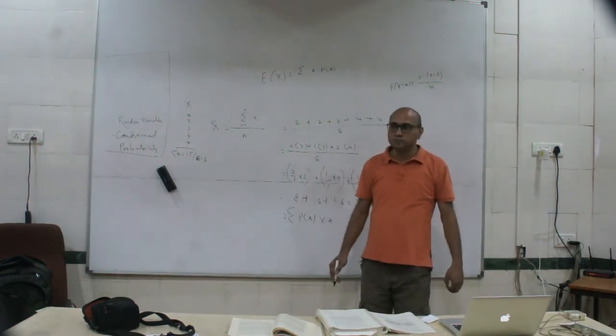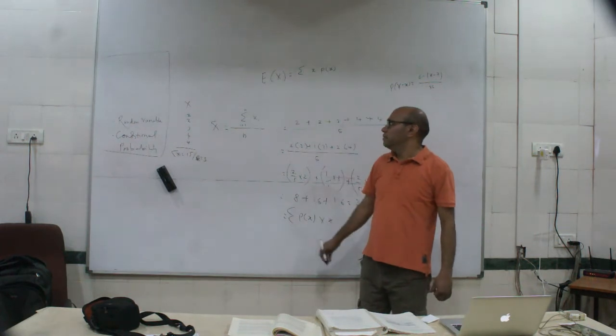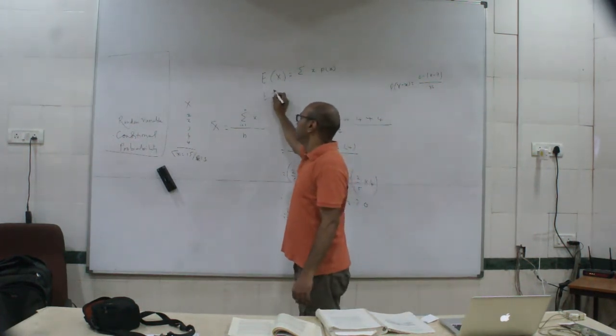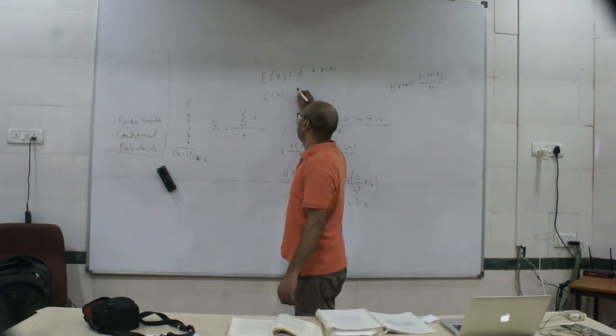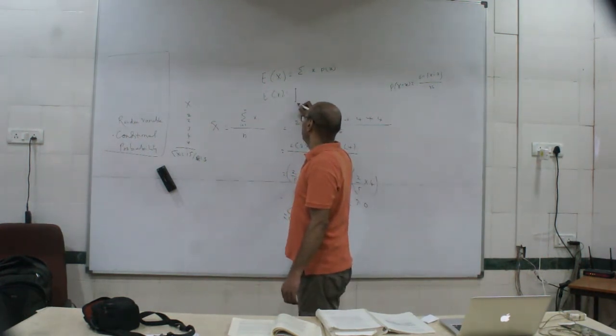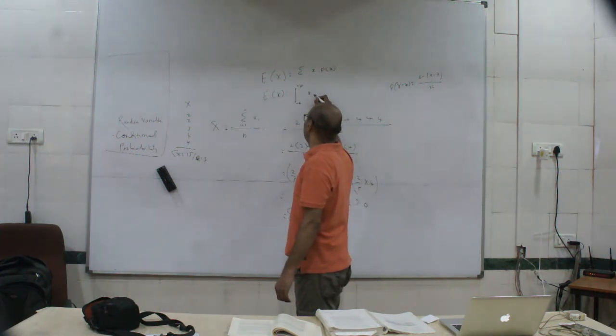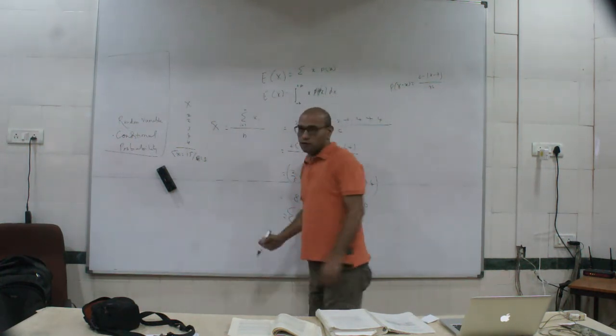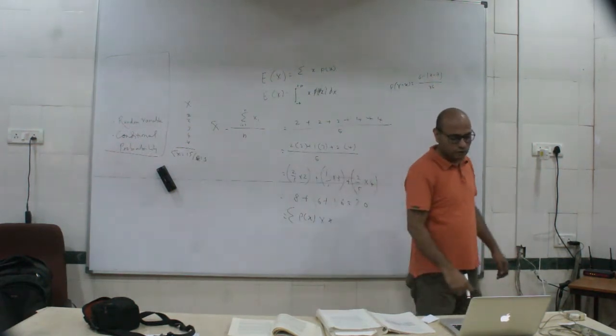So this is useful for discrete. For continuous, if random variables are continuous, then it's integration from negative infinity to positive infinity, x into px with respect to x, right?